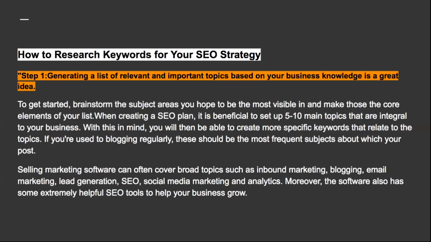Basically, you want to go into the area of probably, let's say, SaaS, software as a service. I think everyone knows what SaaS is about. So you have to pick out keywords that are relevant to your marketing software company. Now, based on that, let's say you want to set up a digital marketing company.